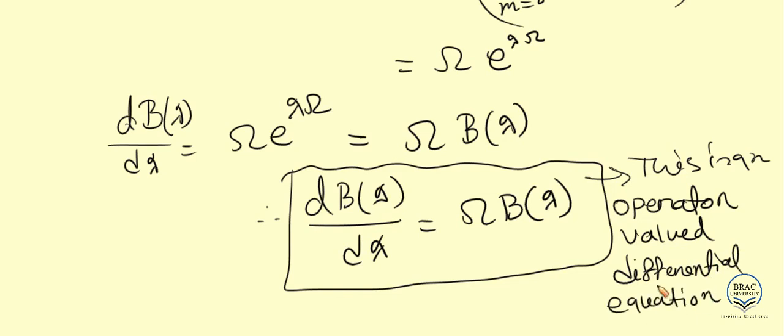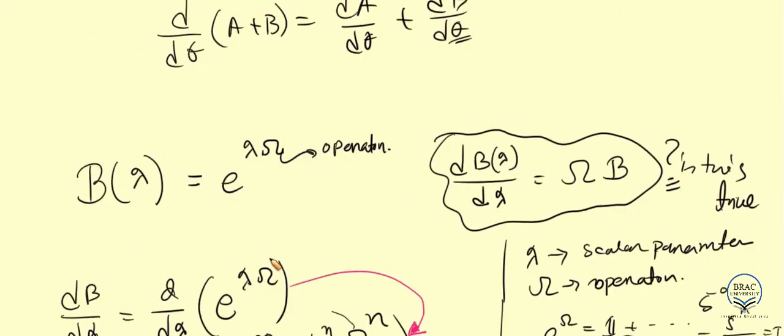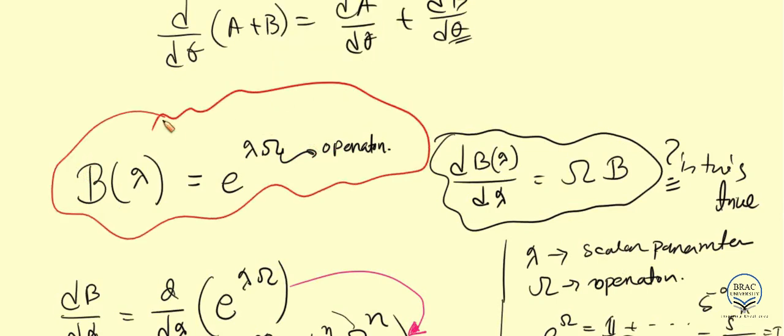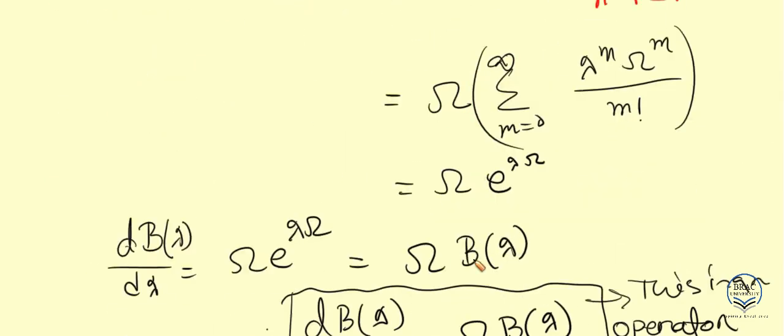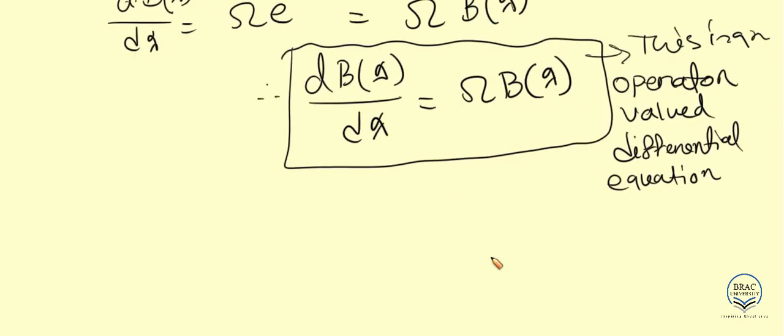And in physics, most of the time we will deal with this kind of thing, and knowing their solution is crucial. So since we got this differential equation starting with B that was defined as this guy over here, we can say that this is actually a solution. Let me write it down, and let's call this equation 1.